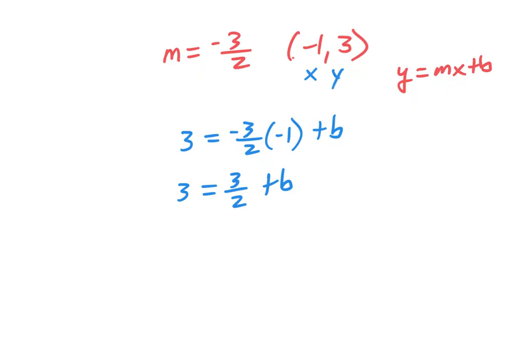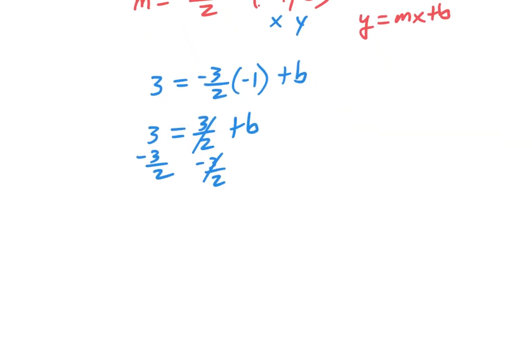So 3 halves, I got to get b by itself. What are we going to do to get rid of the 3 halves? Subtract it, yeah. So we're going to subtract 3 halves from both sides. So 3 minus 3 halves.